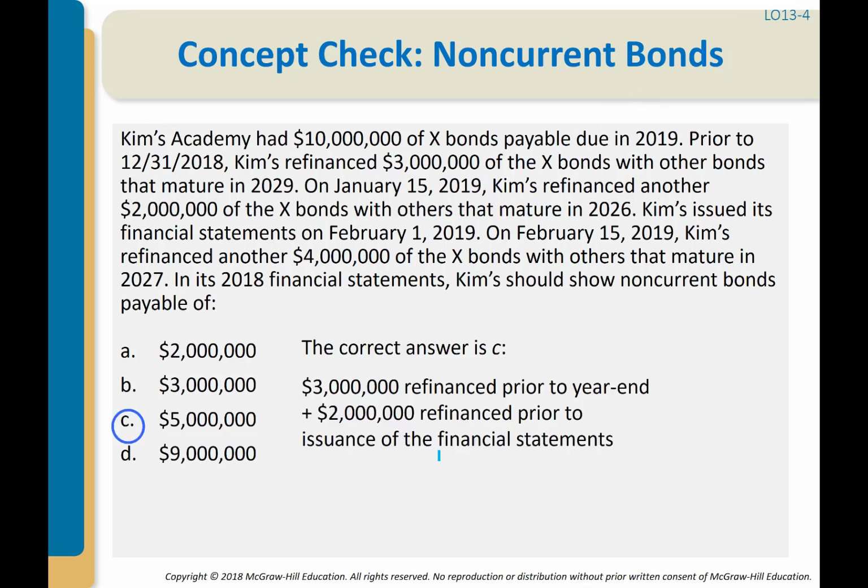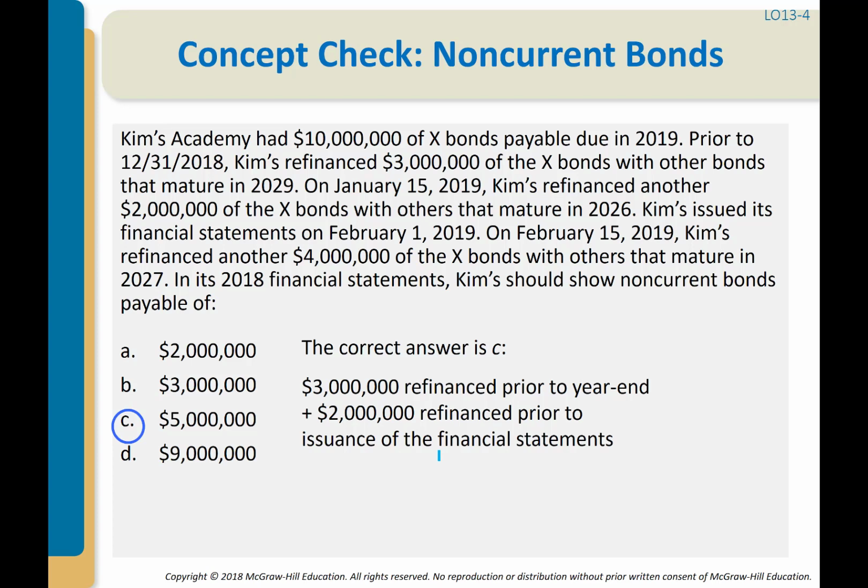The 3 million refinanced prior to year end plus 2 million refinanced prior to the issue of the financial statements. They're asking what should be non-current. It's the amounts that she refinanced, right? What if the company had issued a letter of intent of refinancing the other 4 million before issuing the statements?